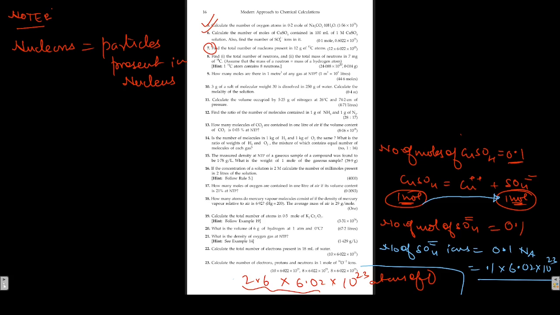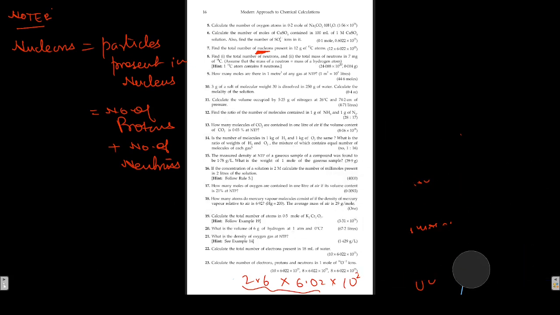Protons and neutrons are present in the nucleus. So nucleons means number of protons plus number of neutrons. So first you have to calculate the sum of protons and neutrons.